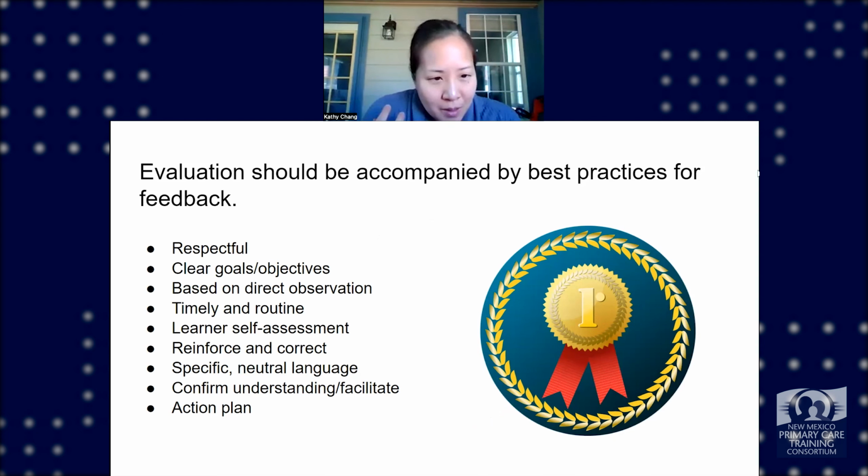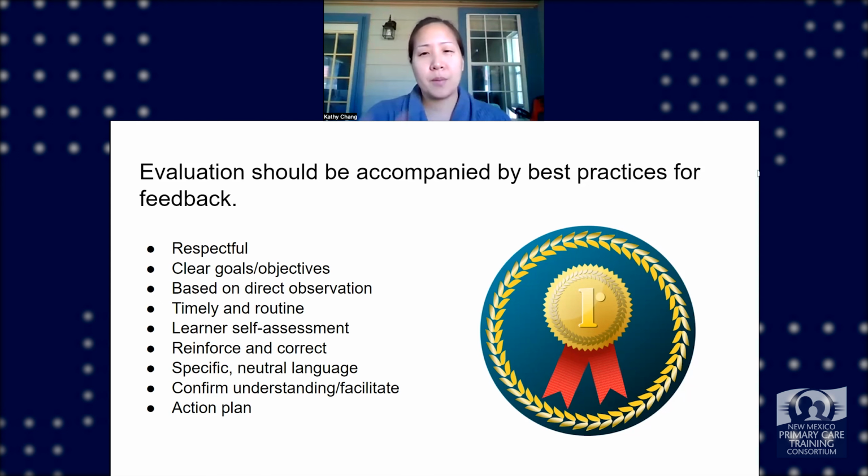Or the learner is self-assessing, allowing them the chance to say how they feel they did, right? And then we can reinforce and correct things, so they're continuing to do the good things, but hopefully fixing the things that needed fixing, or nuancing, and using specific neutral language, action planning, and so on and so forth.